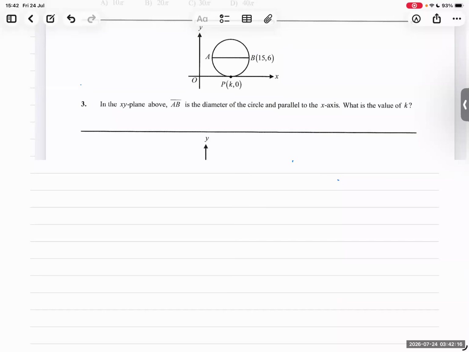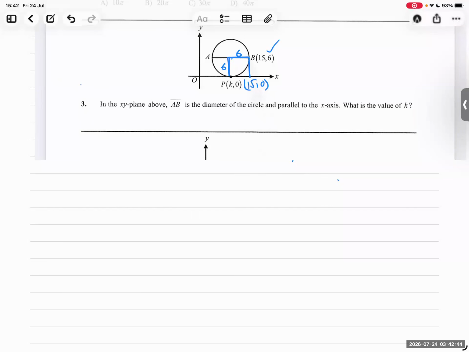So in this question, see, if the diameter is parallel to x-axis, that helps us a lot. So that means this is the radius, right? So that is 6, right? The y coordinate is 6. And if this is 6, that means this value is like x is 15 and y is 0, right?